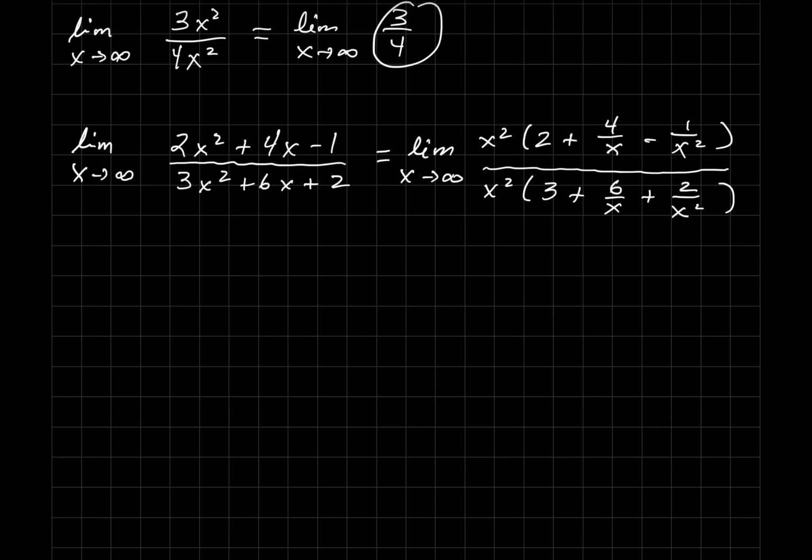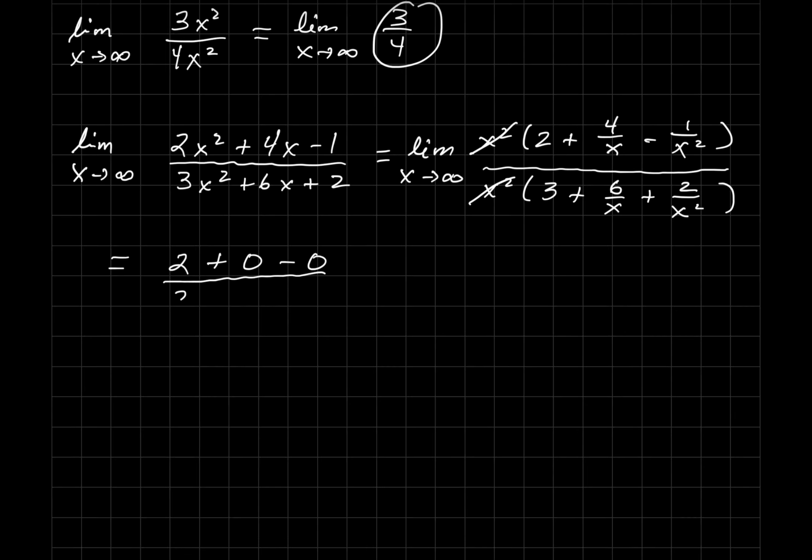So a direct plug-in would have given us infinity over infinity, but notice we're canceling out that issue, the infinity over infinity.